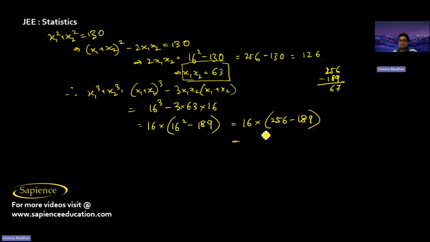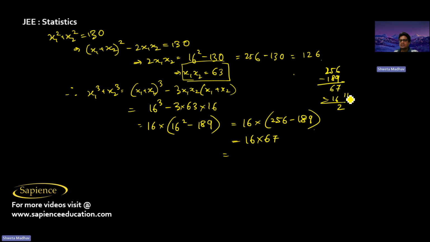So 67. 16 into 67. So that is 16 into 67, 16 sevens are 112, 16 sixes are 96.